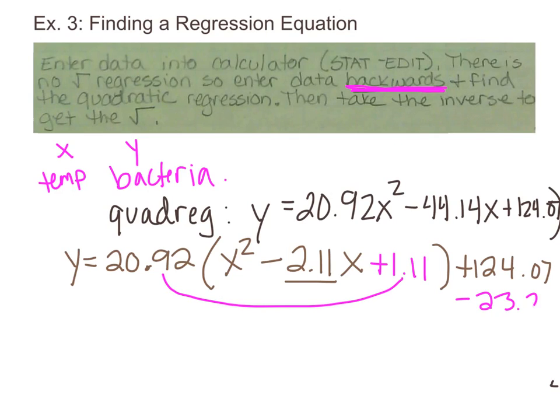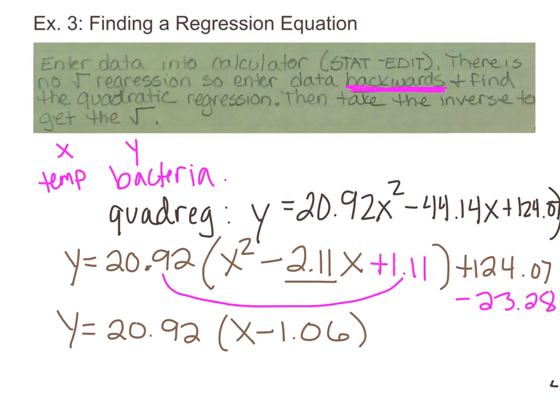I got 23.28, so subtract it from the 124.07. That's going to give us y equals 20.92 parenthesis x minus 1.06 all squared, because remember, this is just half of that, right? Plus 100.79. Then I need to switch x and y and solve for y.